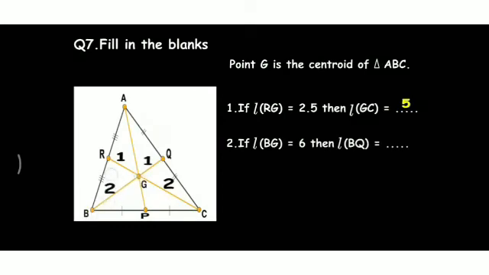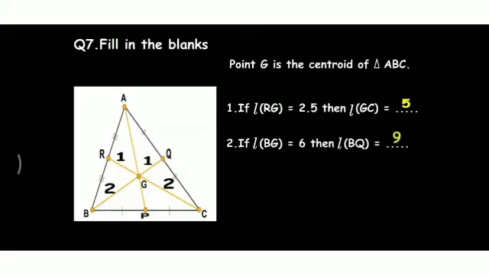Here BG is 2 parts and GQ is 1 part. So 2 parts length is 6. What will be the length of 1 part? Yes, it will be 3. So this part is 6 and this part is 3. When we add 6 plus 3, we will get the length of BQ. What is 6 plus 3? It is 9. So the length of BQ will be 9.